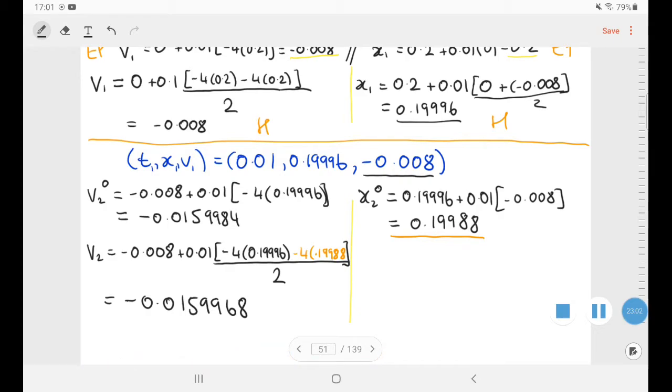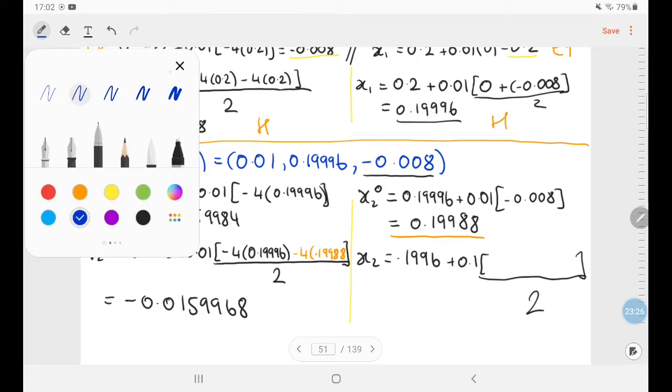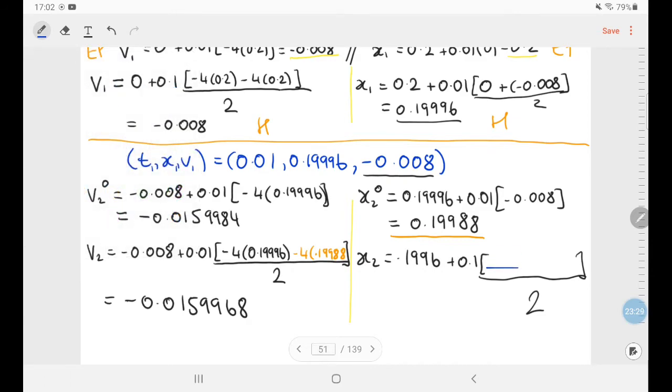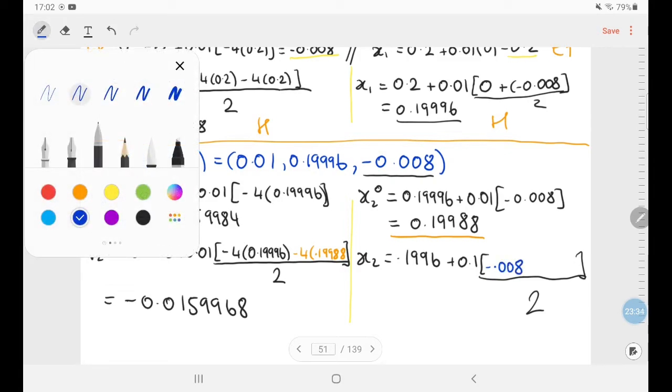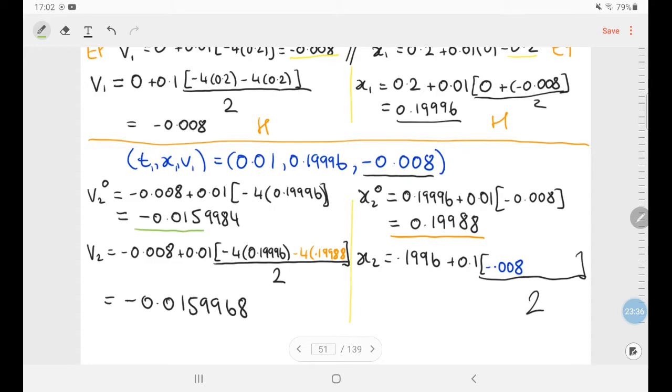And we go for x2. So x2 is equal to the previous x value, which is in blue, 0.19996, plus step size 0.01, and then we average two slopes. Now the slope of x above is just v. So we've got the slope according to the blue point, which is just minus 0.008, and then also the slope according to the v predictor, which is this minus 0.016.